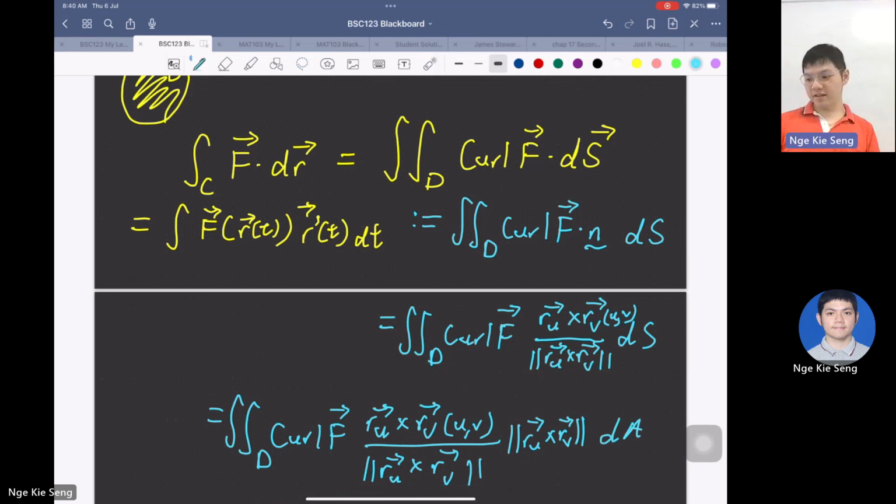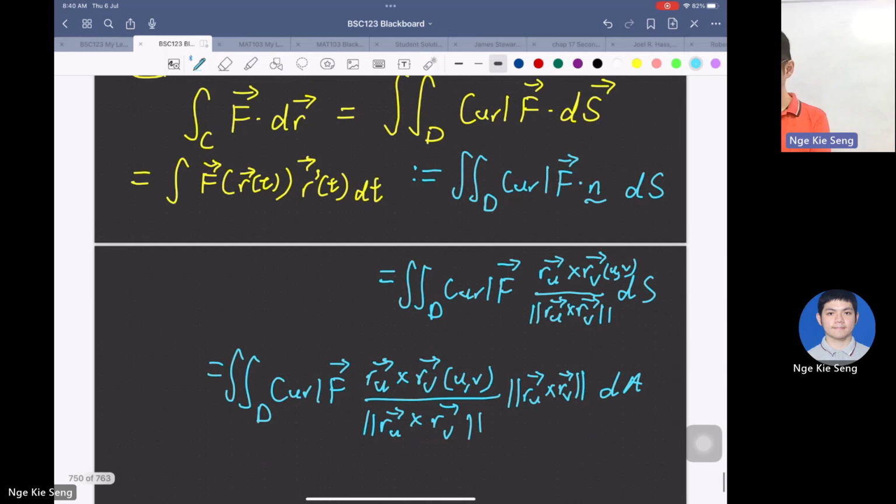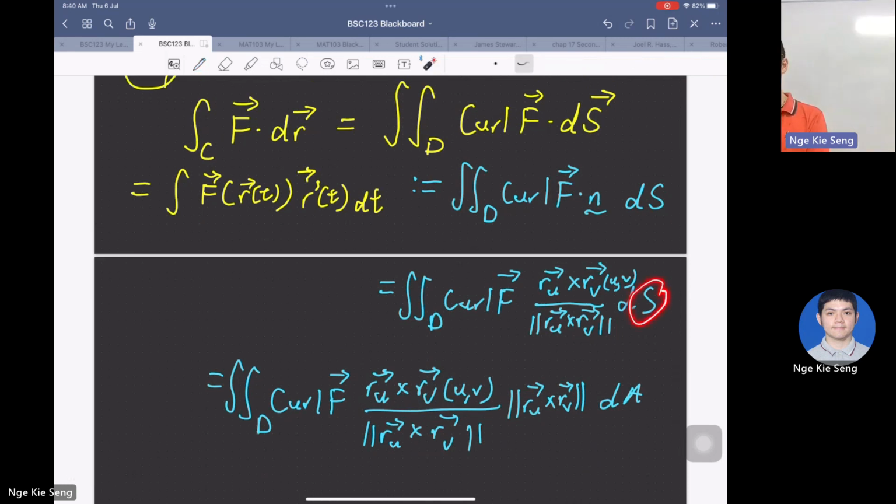See, there's a subtlety here. Here is dS, here is dA. Can you recognize this? What does dS mean? dS means they are differentiating on the curved area, but you can't really do it, so you need to put it back to the flat region, which is dA. Do you understand?